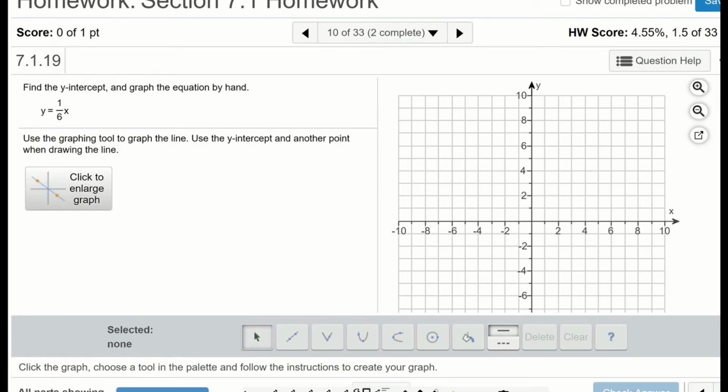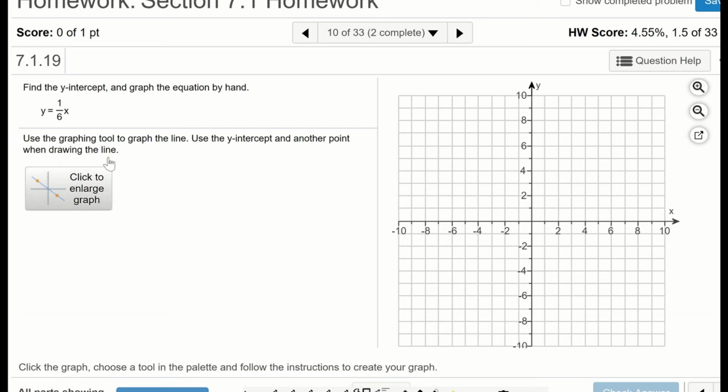So in this next problem, we're going to graph this particular function, linear function, but notice it has a fraction in it, and they give you the specific instruction that they want you to use the y-intercept and one other point. So when we make our table, because of the specified fact that you need to find the y-intercept, we're going to go ahead and use x equals 0.